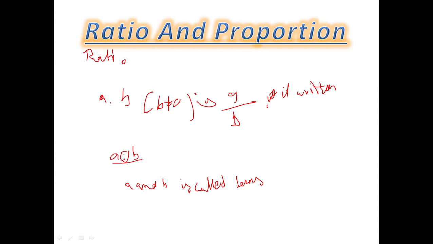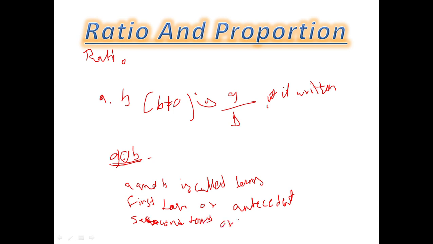A is called the first term, or antecedent, and B is called the second term, or consequent.